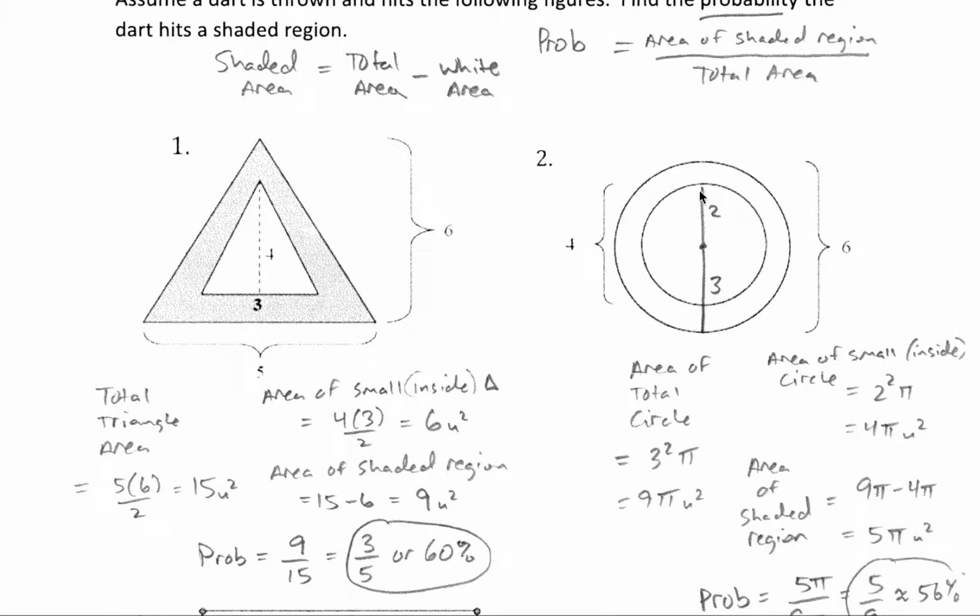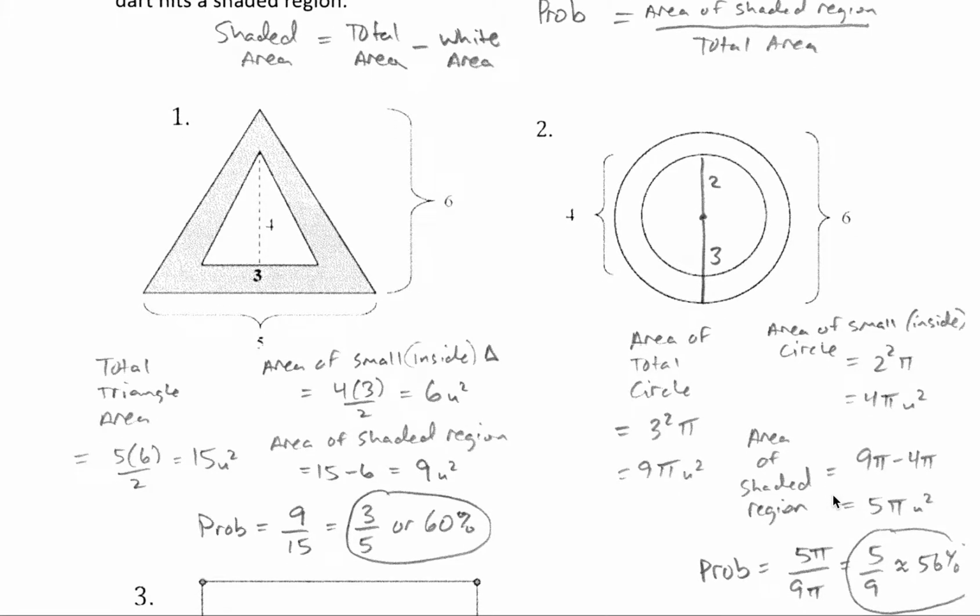Let's find the area of our inside circle. So it's got a diameter of 4, so its radius is going to be half of that, or 2. So the area of the inside circle is going to be 2 squared times pi, or 4 pi square units. Let's subtract those two things to leave the area of that ring, which should be shaded. So 9 pi minus 4 pi will give us 5 pi.